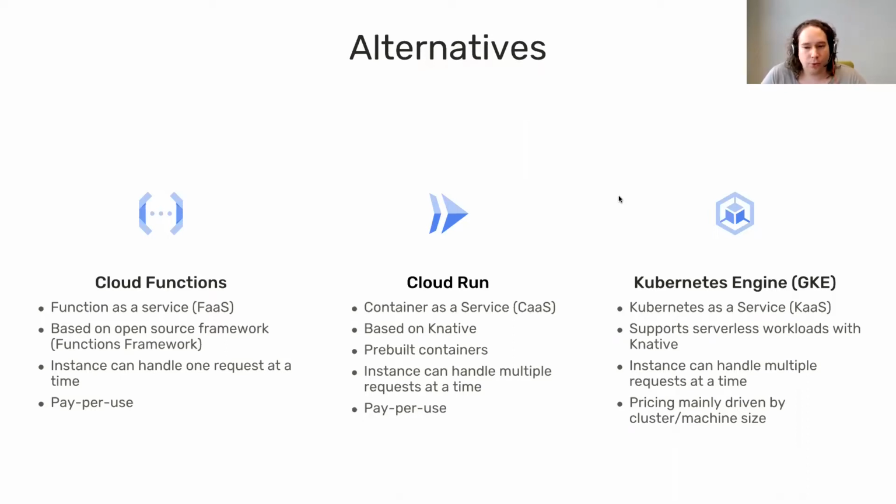The more complex solution would be Kubernetes, I think. It's also pretty similar to Cloud Run in the way that it is container-based. By default, I would say Kubernetes isn't really serverless.